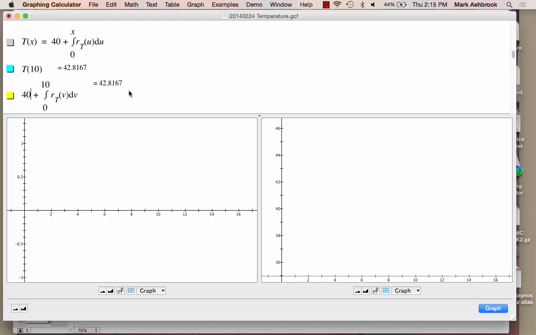Okay, so now, the change in temperature from 301 to 305. Using function notation, I want the change in temperature from 301 to 305. So it'd be T of 5, and this is the change in temperature.